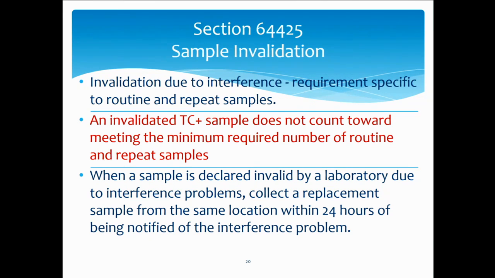Oh, and this is somewhat obvious too, but it's in the federal rule, and I guess it's for clarification, that if you have an invalidated sample, it does not count towards the number of samples you have to take in that month. You have to take a replacement sample, so just to be clear. The other bullets there are all in the existing TCR.